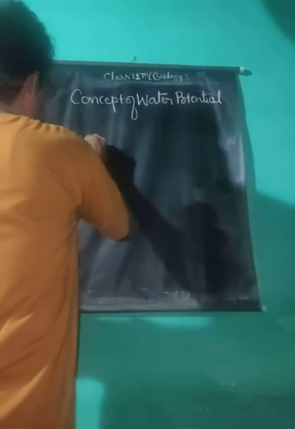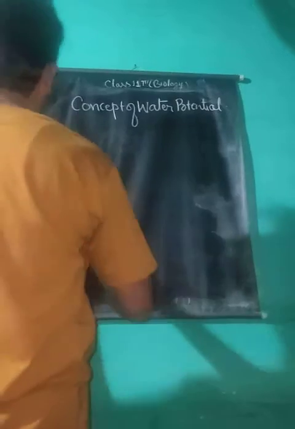It is designated by the symbol psi, a Greek letter. The water potential is measured in terms of pressure, for example, bar or atmosphere.